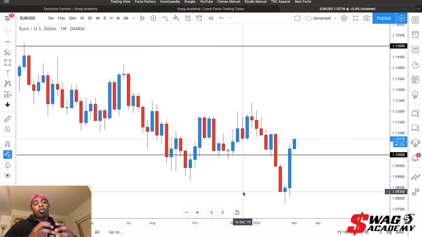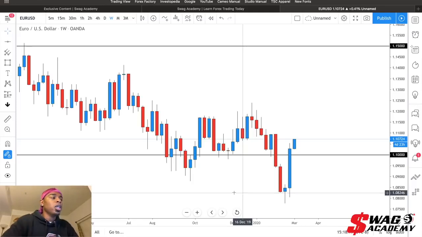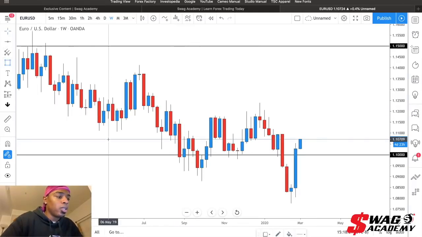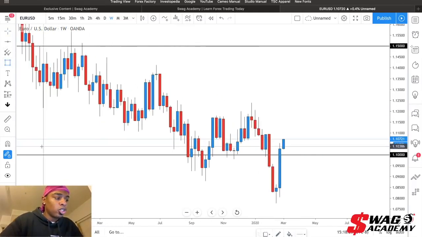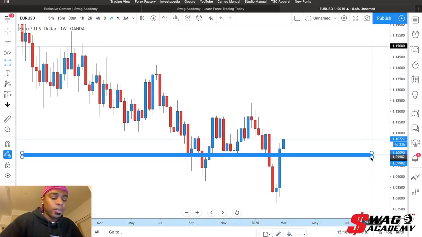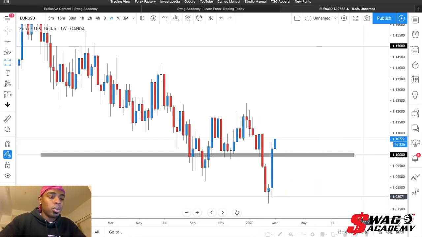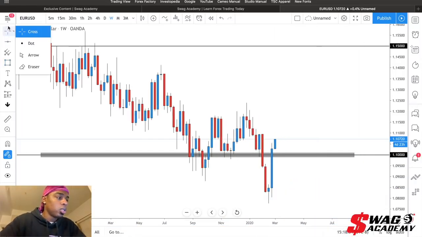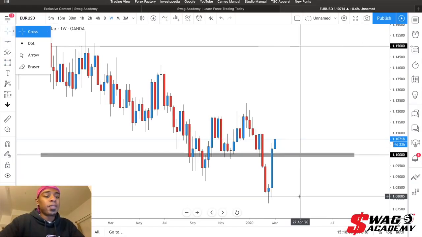You gotta understand, price will never get to one specific number and just stop. It'll get to the area. So what we want to do right now is create a little box, a rectangle, and just draw it across, make it black, to signify the area.